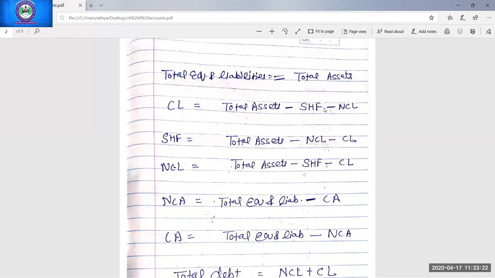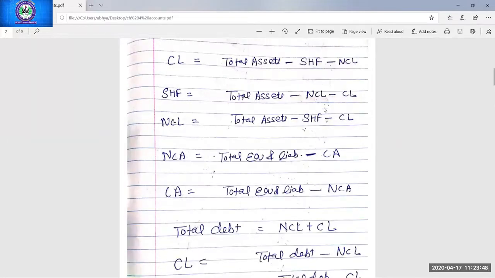If you want to find shareholder funds, then it will be total assets minus non-current liability minus current liabilities. Whatever thing is not given, you have to just interchange the side of that particular thing, use the mathematical equation, and find out the unknown figure. So total assets minus shareholder funds minus current liability.